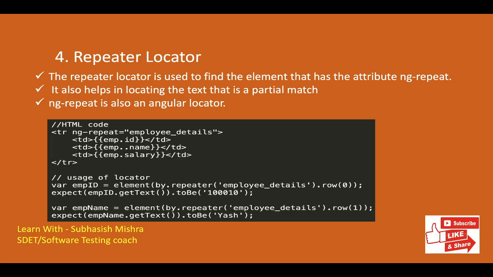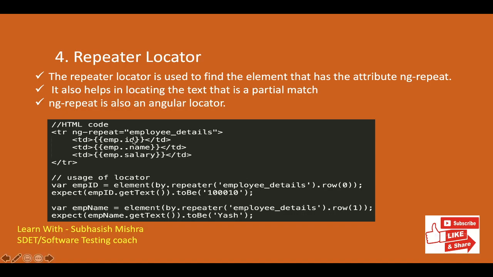We can use the element function, then by.repeater and then pass the ng-repeat attribute value. So what is the ng-repeat attribute value here? employee_details. So we are passing here employee_details and then .row(0). So which row value do we want to fetch?